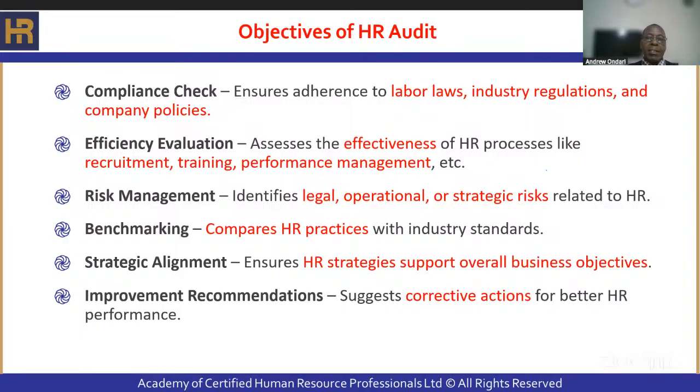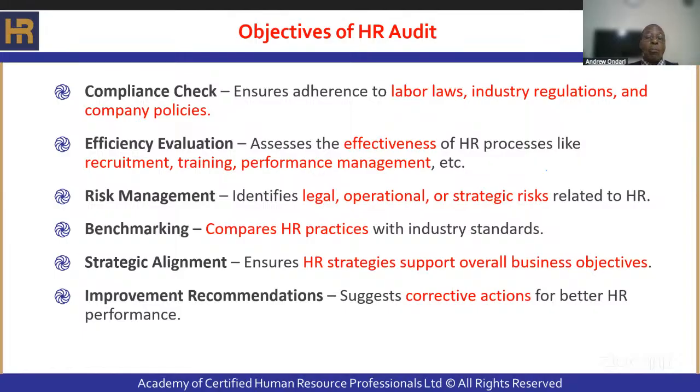Thirdly, the objective of HR audit is to mitigate or avoid risks. There are various types of risks which we shall talk about later. There are legal risks, operational, and strategic. Legal risks are those associated with compliance, where an organization fails to comply with the labor laws.